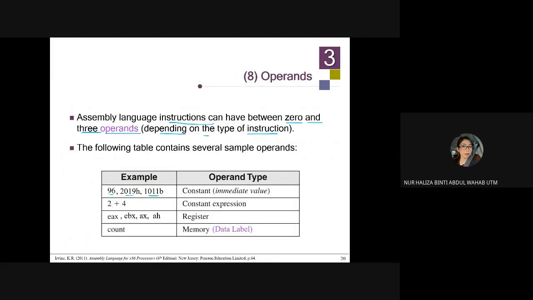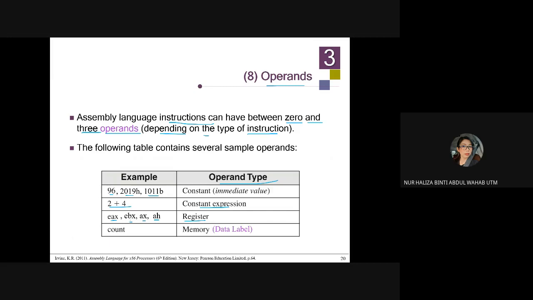You can see a constant expression is also an operand. This one is one only. A register can also be an operand. So you can see you have EAX, EBX, ECX, EDX. If you don't know this, you will be lost. What is EAX? EAX is the accumulator register.